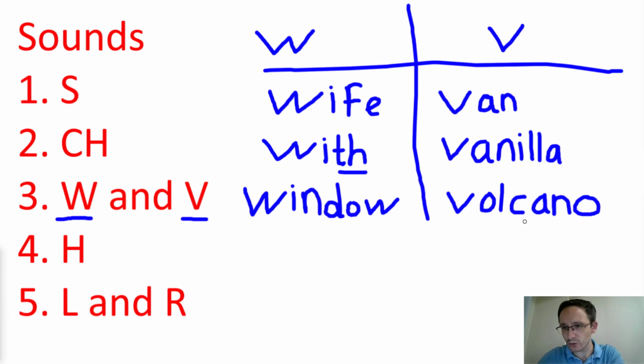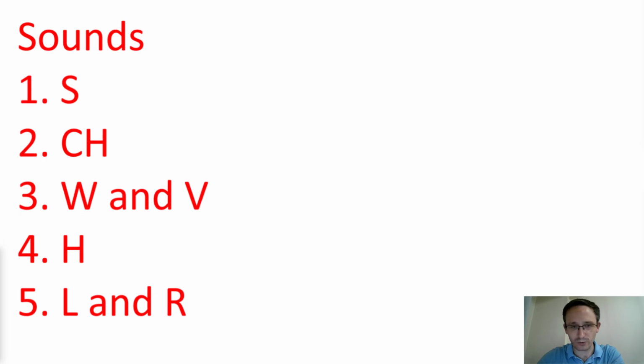Let's go to our next set of words with the letter H. I'll just say the American English version, but the British English is a little bit different. So we have H and H. In American English, it's like A plus CH.